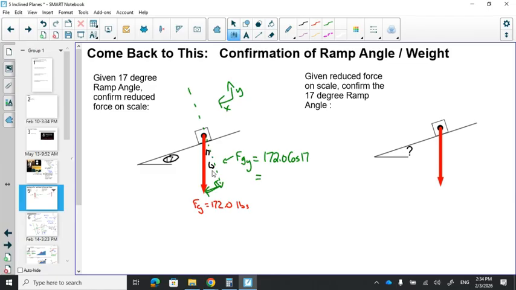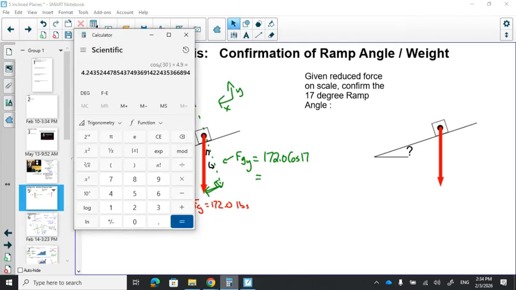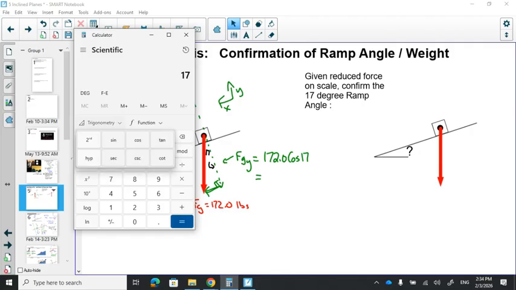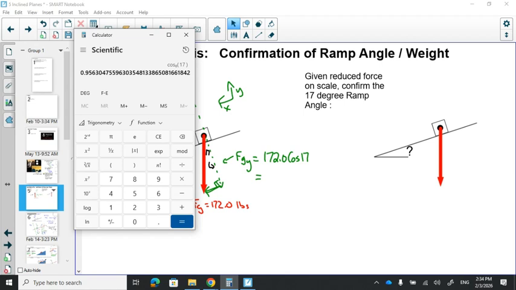So we calculate and see what we get. Cosine of 17, oh, forgot the way this calculator works. Cosine of 17 is 0.95630 and so on. Multiply by 172.0 gives me 164.5 or so.